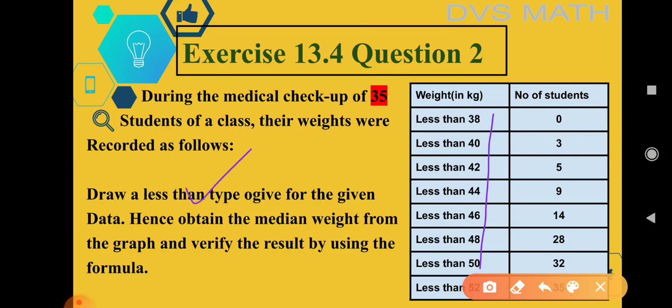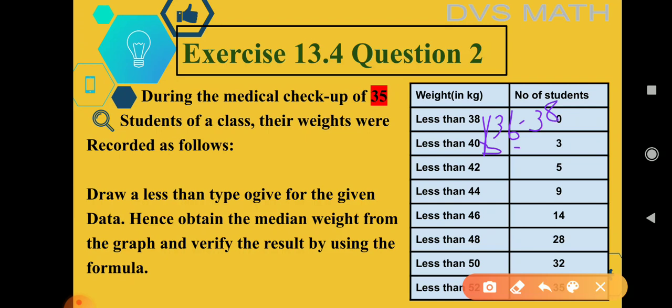And observe here, if this is the upper limit, what should be the lower limit of this? Observe the difference. 38, 40, it is 2. The difference between these two numbers is 2. So what is the previous number? That means the class interval must be 36 to 38. Clear?